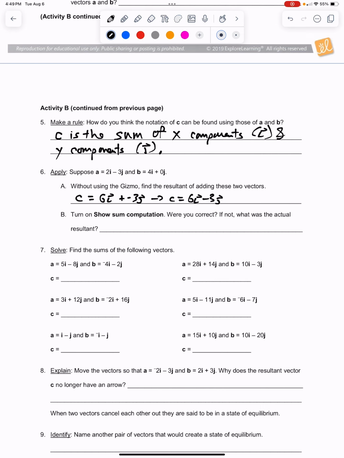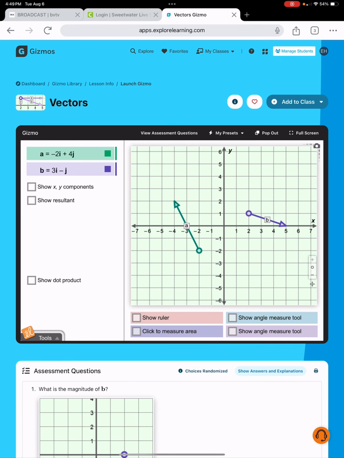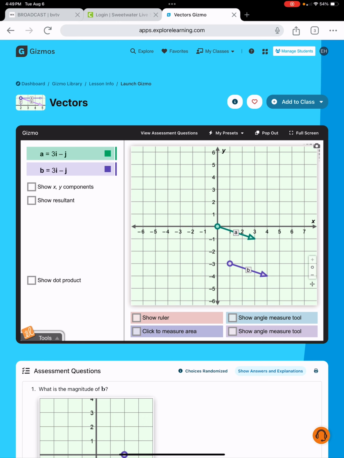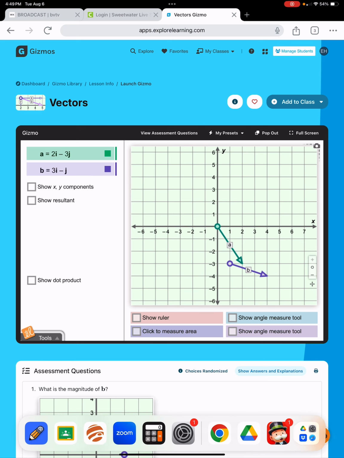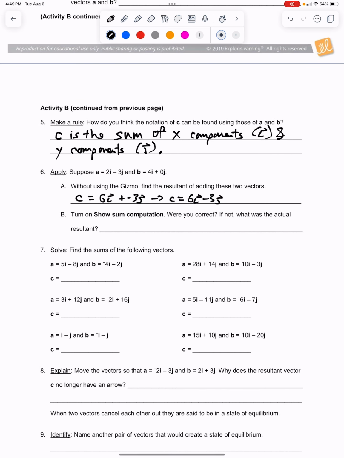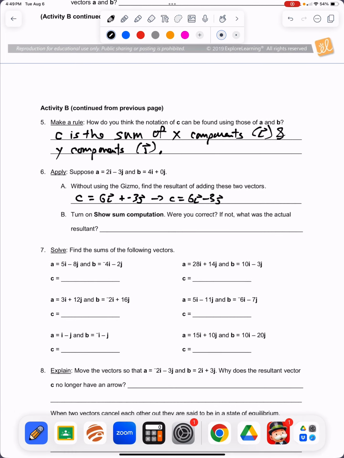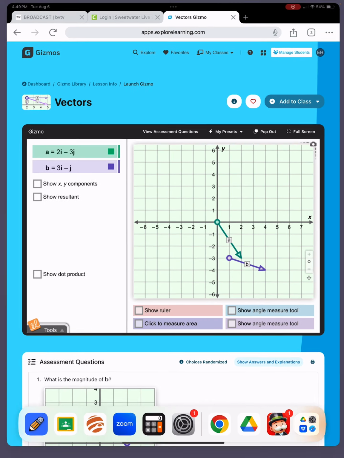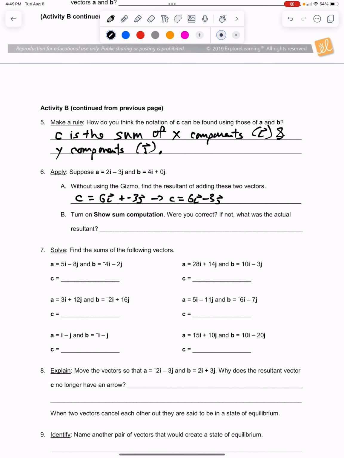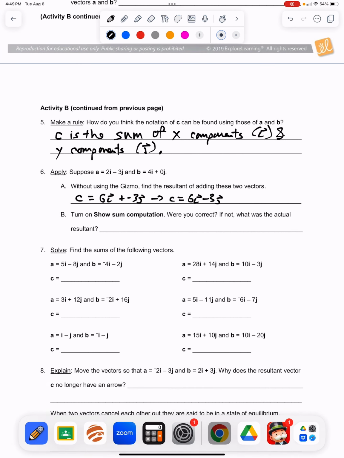Okay, 2i minus 3j. Okay, I think that's it. 2i minus 3j. Yes, 2i minus 3j. Okay, and then the second vector is supposed to be 4i plus 0j.